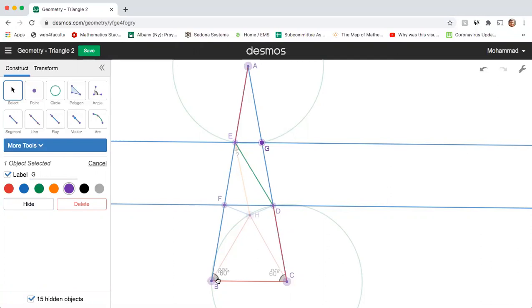Also, we go ahead and construct an equilateral triangle based on the side BC. So this triangle HBC, we are assuming here that it is equilateral.